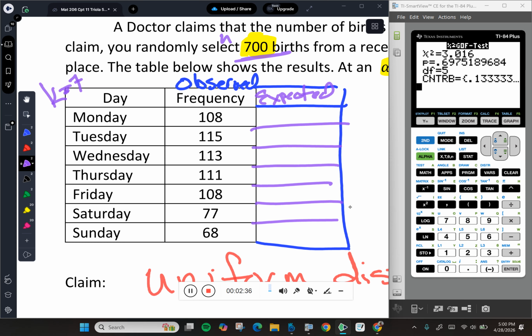So that's our n up there. So each of these should be 700 times 1/7, or 100. So if these were perfectly uniform, 700 data points would give us 100 for every day of the week. Our job is now to compare the observed to the expected, to see whether these, which are clearly not all 100s, are different enough from 100 to say that no, this isn't uniform.